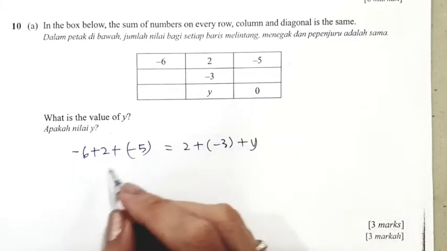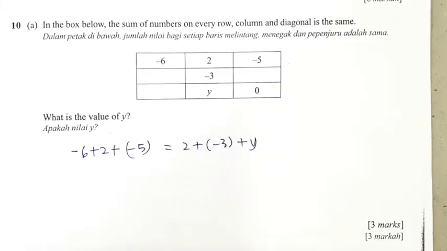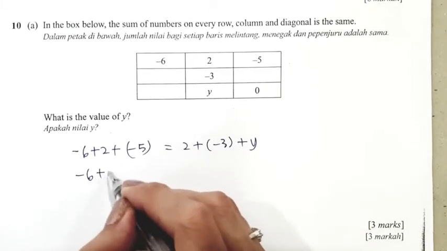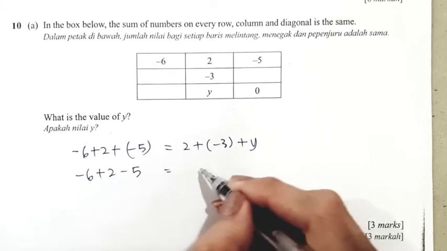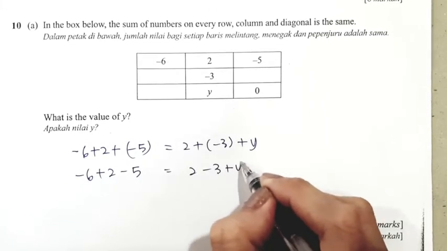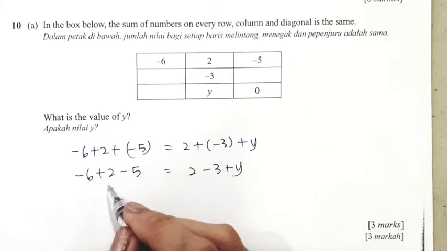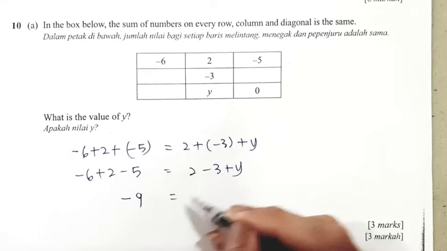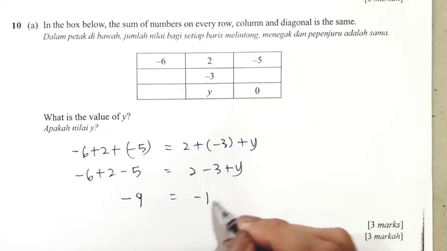So let's solve this one using your calculator. Okay, or you can just solve manually. -6 plus 2 minus 5 equals 2 minus 3 plus y. -6 plus 2 is -4, minus 5, -9, equals 2 minus 3, -1, plus y.